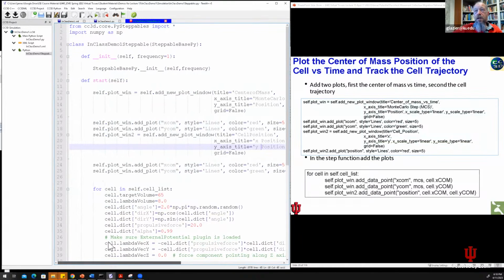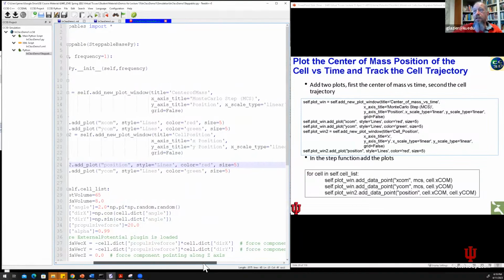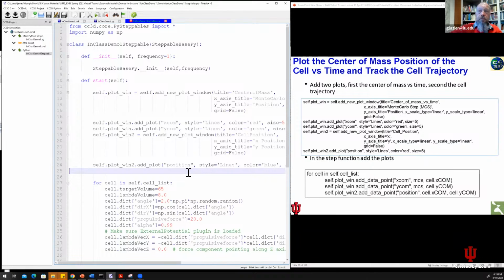And now for the series that I'm going to add, I have to change this to plot win 2. Call this position. And again, style of lines. Maybe since those are green and red, I can make it blue. I don't need the second line.